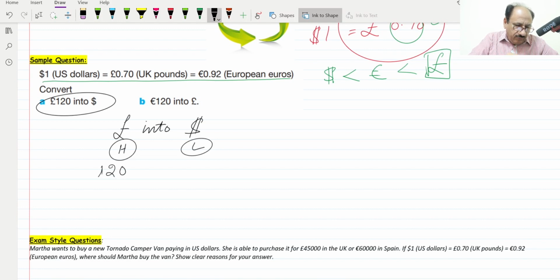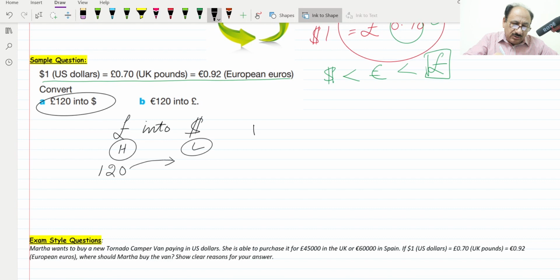We can check from here. 120 pound we have, and when we convert 120 pound into dollars, we should get more than 120.